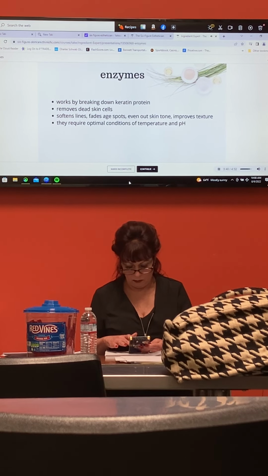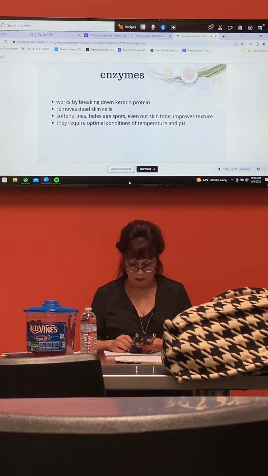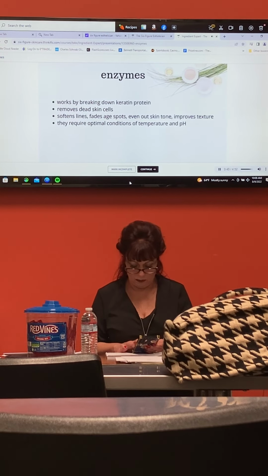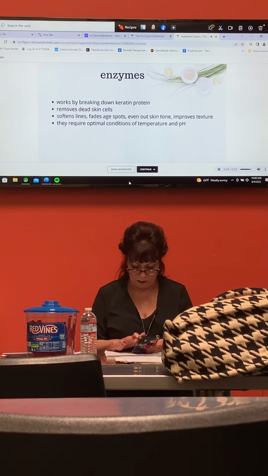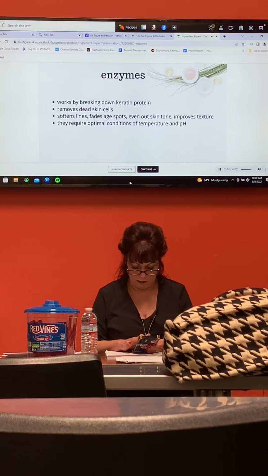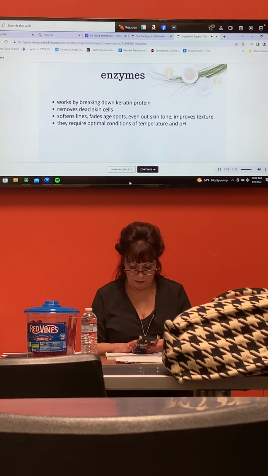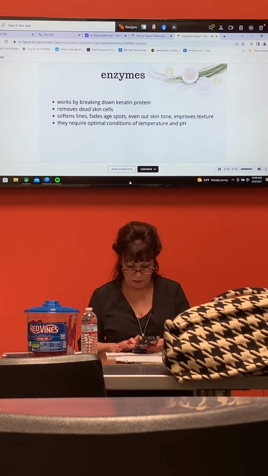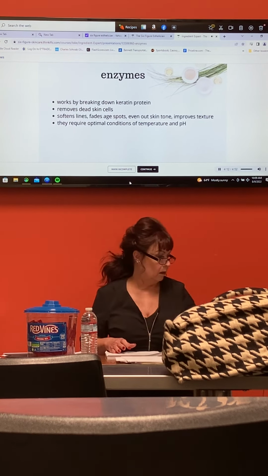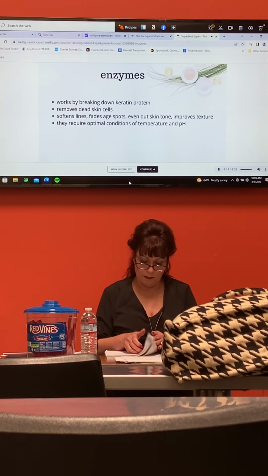Another problem with enzymes is that it's really difficult to maintain that consistency during shipping and storage. So just some things to keep in mind. Another quick thing that comes to mind is that enzymes, like a lot of our active ingredients, need to be kept in cool, dark places. Sometimes I'll even stick certain enzymes in the refrigerator, as long as they're in an amber-colored jar where they're light protected, but at least they're staying cool.